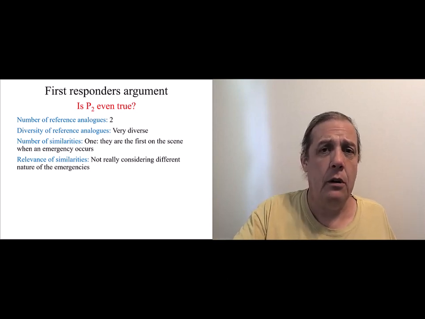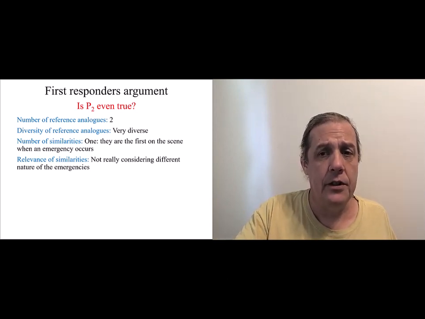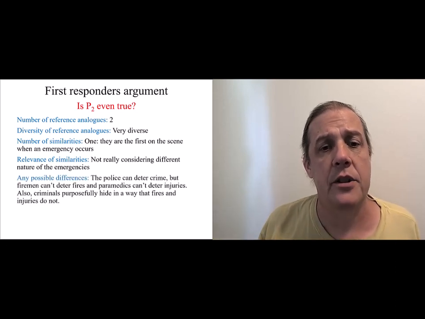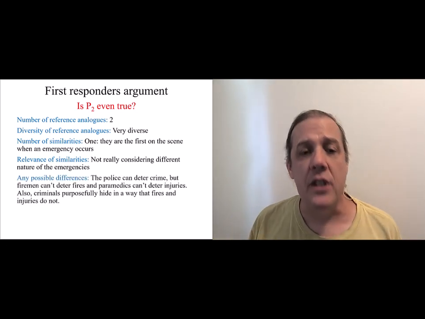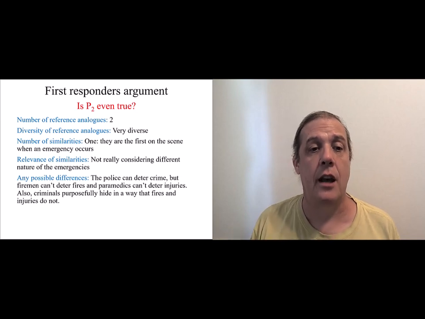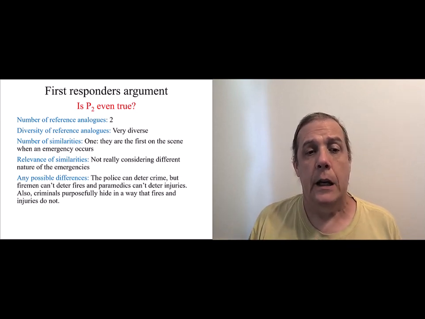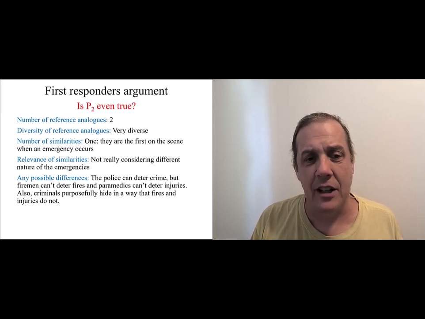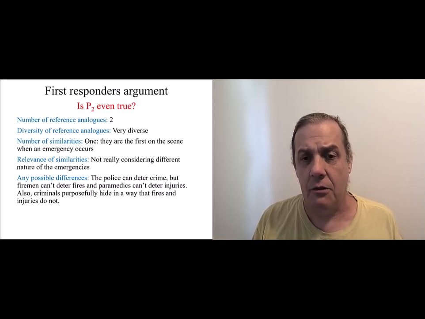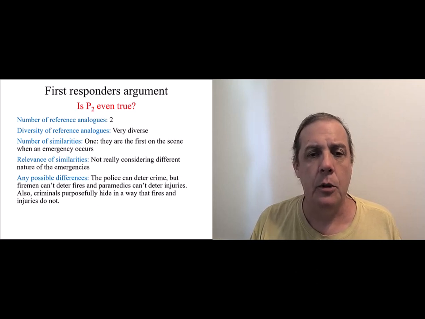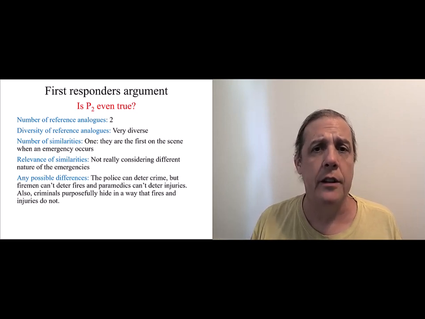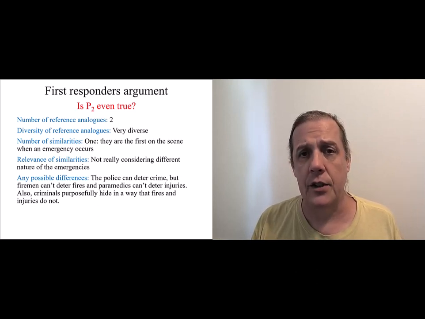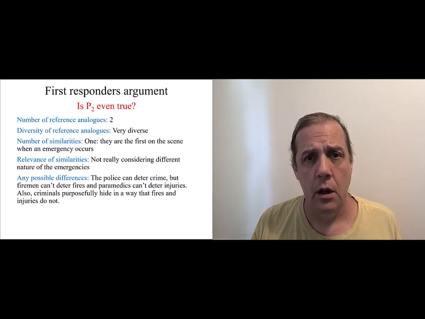And then you have to ask about relevant differences, which means, what information is missing. Well, the standard argument here is that police can deter crime. And firefighters don't deter fires, and paramedics don't deter injuries, right? The police are regarded as a preventative measure, even if they're not necessarily the best one.